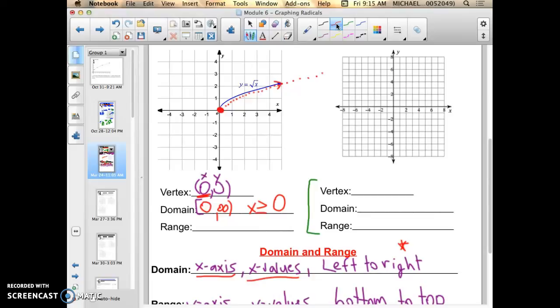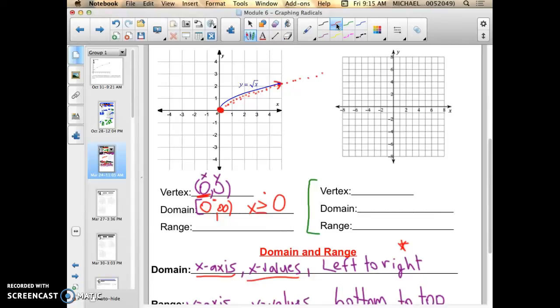So the domain of this: all x values are greater than or equal to 0. And remember, the greater than sign eats the bigger numbers. And so all these numbers are included, and they're all bigger than 0. So two different ways. This is interval notation, and this is inequality notation right here. Please become familiar with both of those.